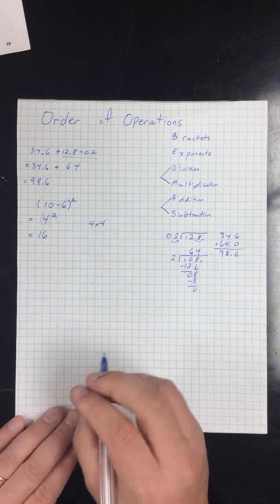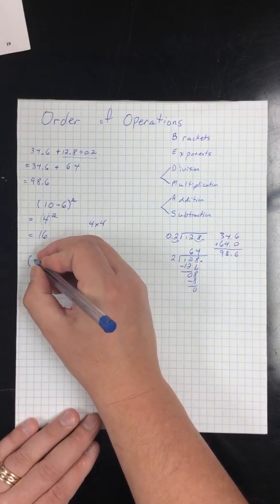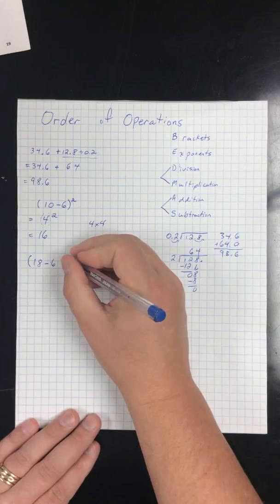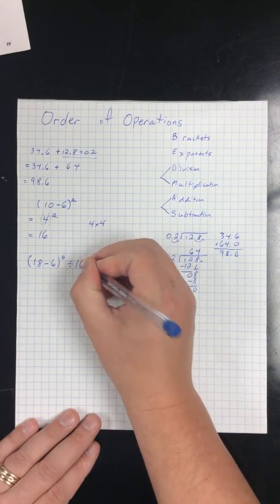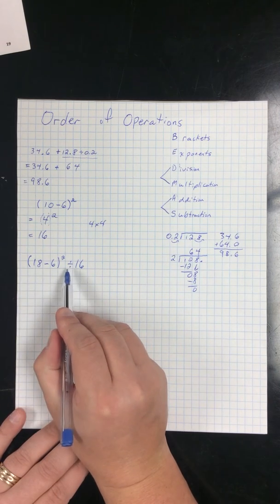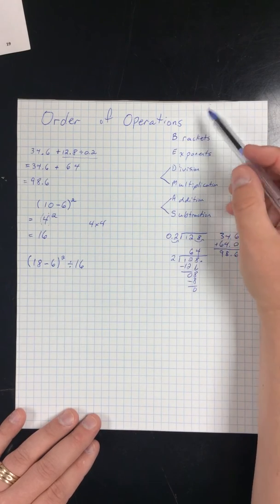All right, let's try 2 more here. Let's make it a little bit more difficult. Let's start with brackets. 18 subtract 6 to the power of 2 divided by 16. I see division, subtraction, brackets, and exponents.